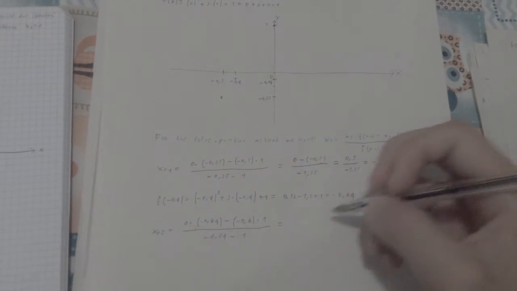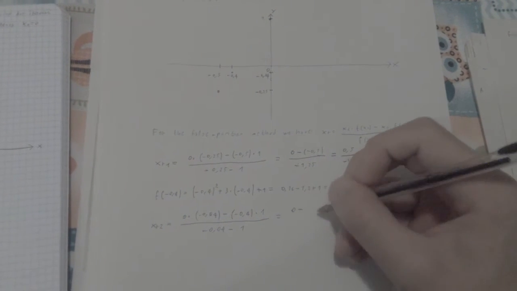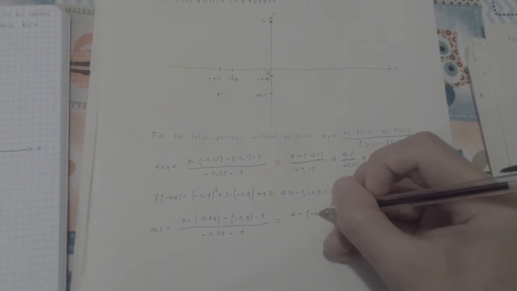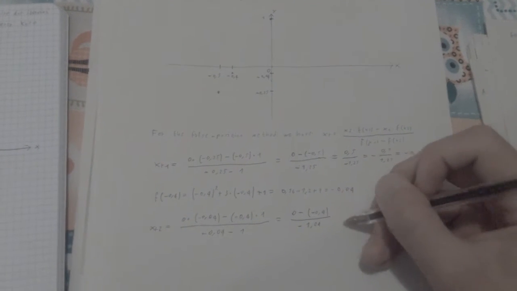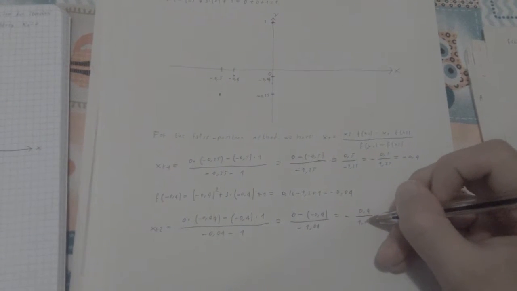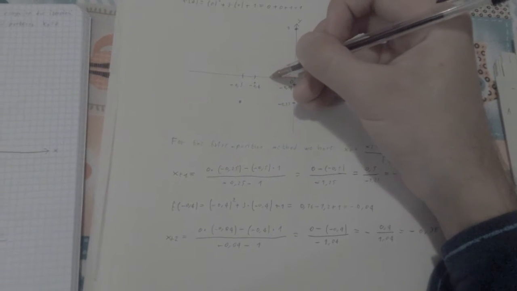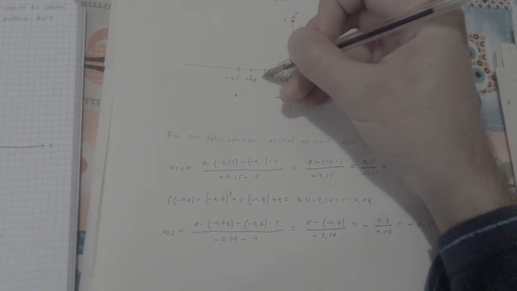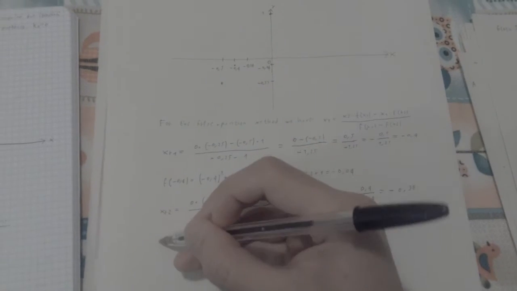If we compute this, you're really going to see, we get 0 minus negative 0.4 over negative 1.04, which is like saying negative 0.4 over 1.04, which gives me negative 0.38. And this is exactly the point where the function is 0. You don't believe me? Of course you shouldn't.